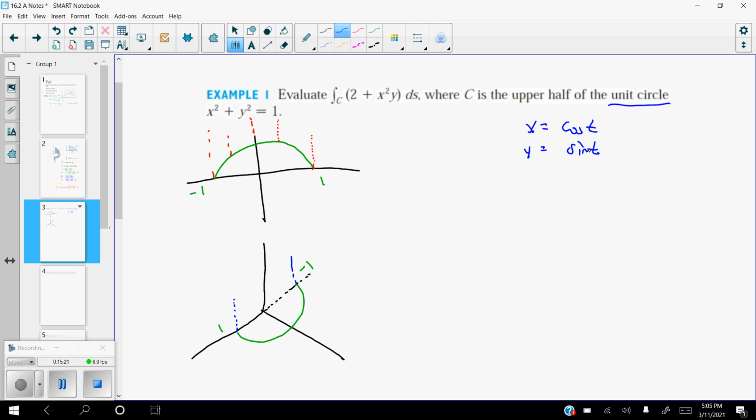Technically it's x equals r cosine t, and y equals r sine t, but the fact that the radius is 1 means I don't have to put the r in front, the 1 in front of that. If this circle had been a circle of radius 4, then I would have x equals 4 cosine t, y equals 4 sine t. Hopefully that makes sense. So we'll define it parametrically.